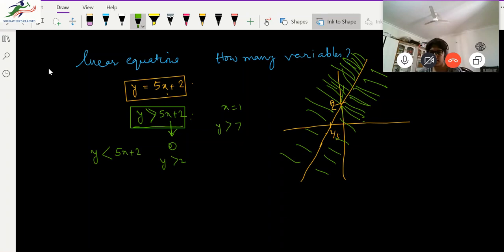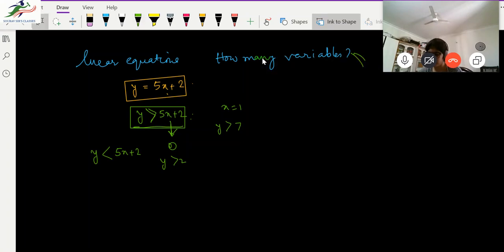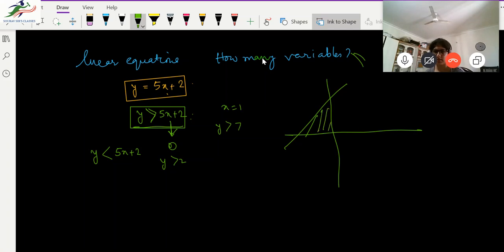In your exams, you will be very often asked to solve this kind of problems where you'll be given the equation of a straight line or two straight lines possibly, or maybe one straight line, and you'll be asked to find this area, or you may be given another straight line and you'll be asked to find this area, things like that, right?